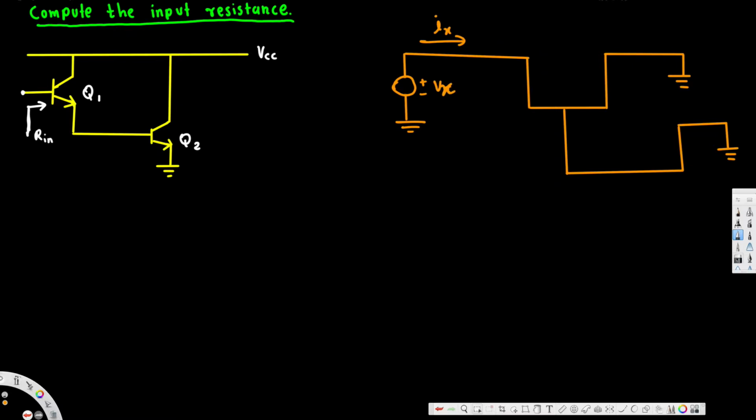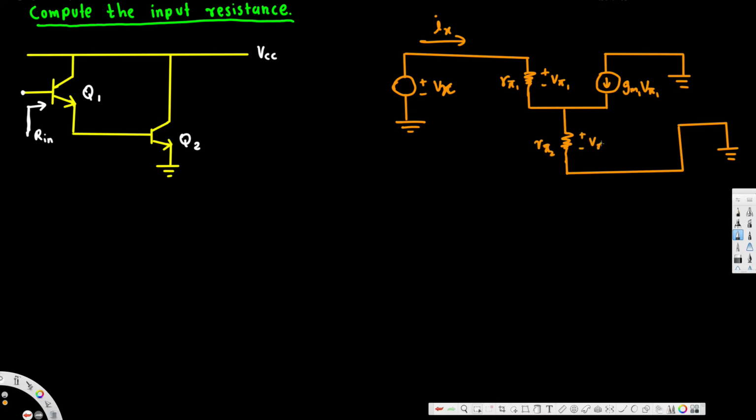And here we will have a resistance that is R51, with voltage V51, and after that here we will have a current source that is GM1 V51, and here we will have another resistance that is R52.